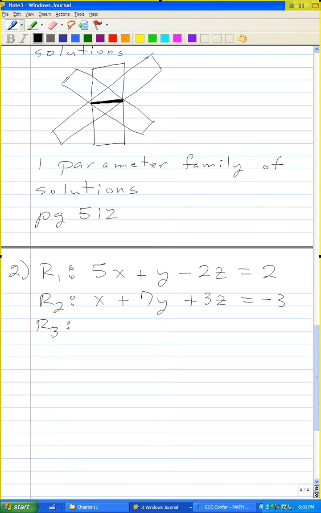Third equation, negative 2x minus y plus z equals 0.